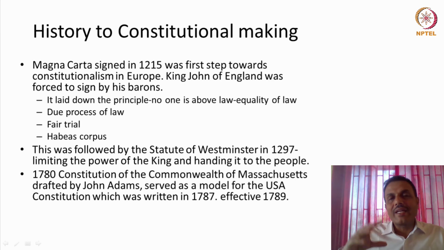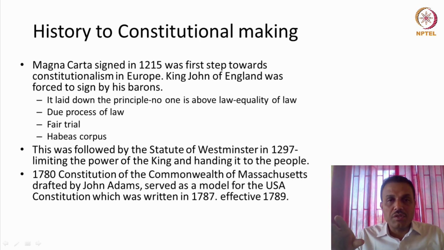As a document, it laid down certain principles. One, that the administration, which is the king or the monarch, must follow due process of law, because that is the most important principle.